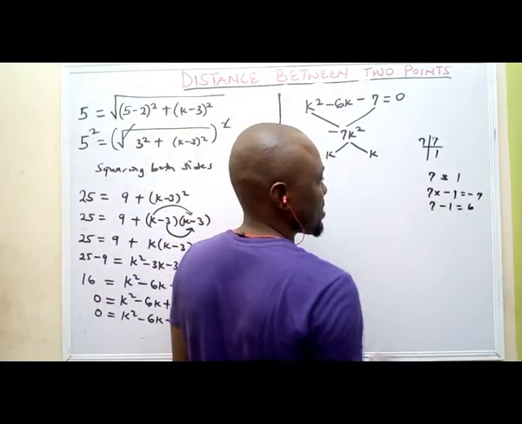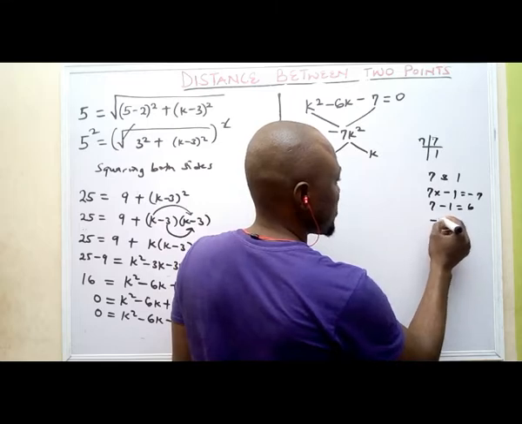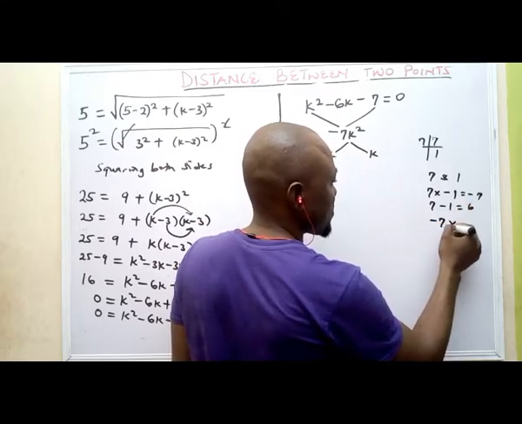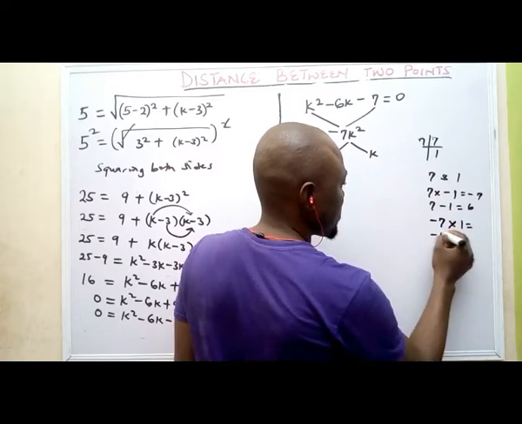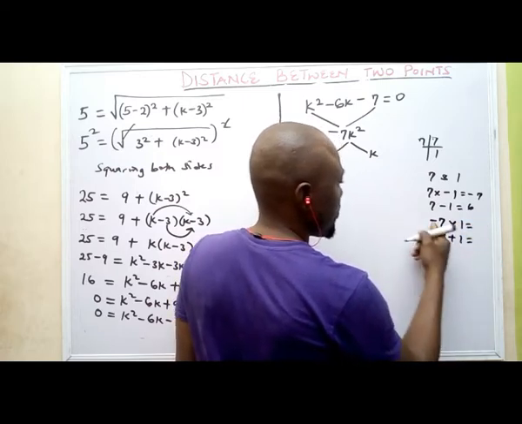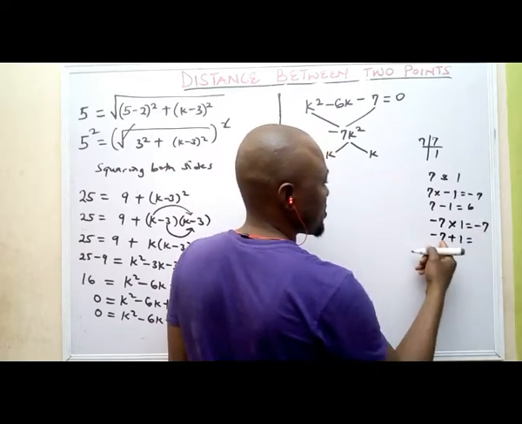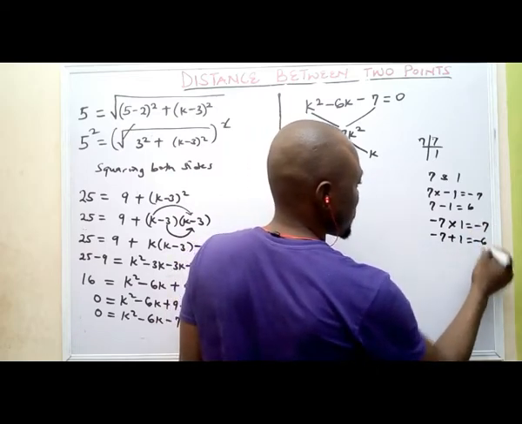So I need to swap the sign. I'll use minus 7 and 1. Minus 7 times 1 will give me minus 7. Minus 7 plus 1 will give me minus 6.